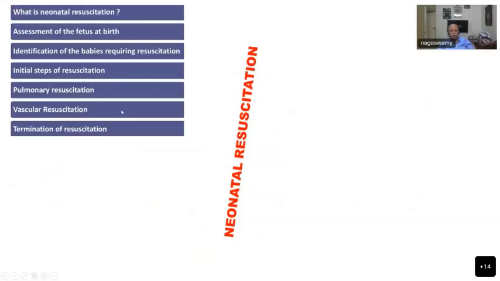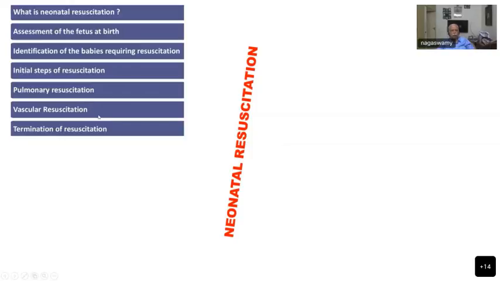Another important difference you will find between a regular adult resuscitation and a neonatal resuscitation is we always start with the pulmonary resuscitation. Unlike in an adult, where nowadays we talk of compression-only life support, where we start with the cardiac compression, in the neonatal resuscitation, please remember, if you correct the respiratory function, the heart will automatically pick up.